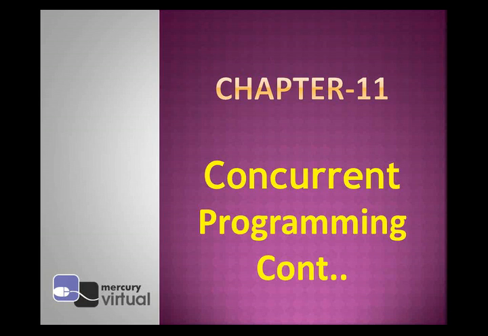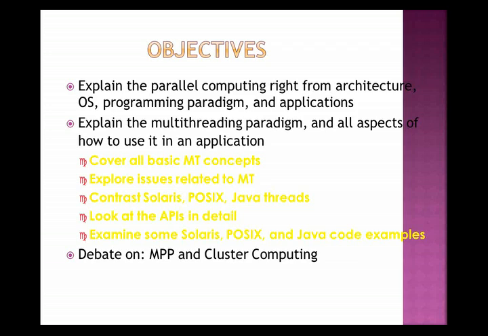This is chapter number 11 continued, concurrent programming continued. The topic is concurrent programming with threads, that is how concurrent programming is established with threads. What is the main objective? Explain parallel computing right from architecture, OS, programming paradigm and the application, that is, explain the various computing algorithms starting from the architecture, operating system, programming and the application.